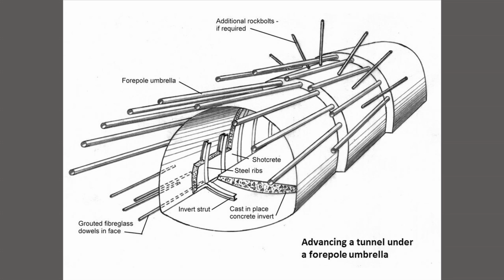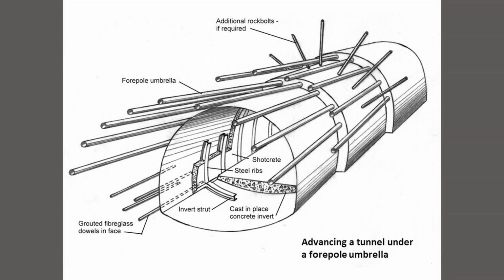It's too sticky. And so what they do here is drill in pipes, basically, 12 meters long and about 100 millimeters in diameter. And these are drilled right ahead of the tunnel to form an umbrella over the face, and concrete is injected into the pipes so that they are grouted into place.